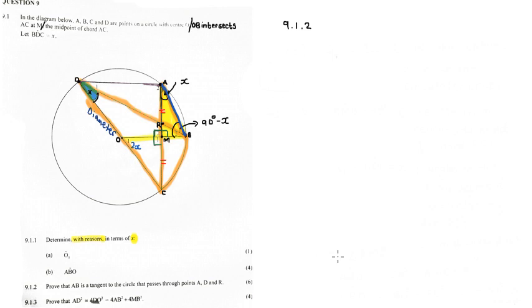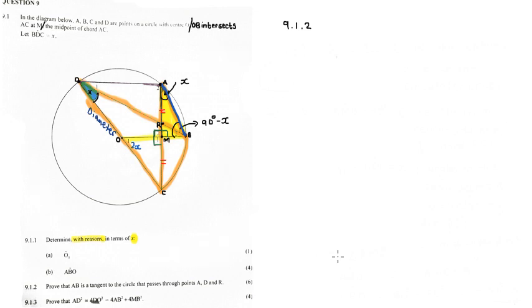Currently it's a line, so either AB is perpendicular to the radius of the circle, or you have the converse of the tan chord theorem.